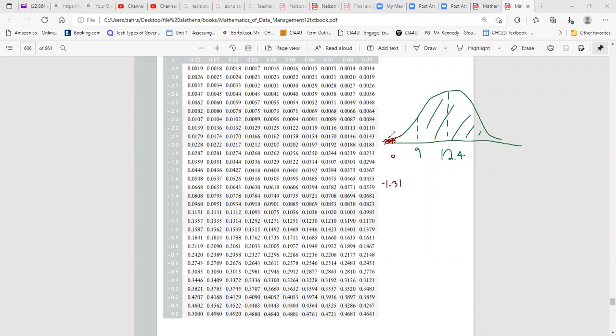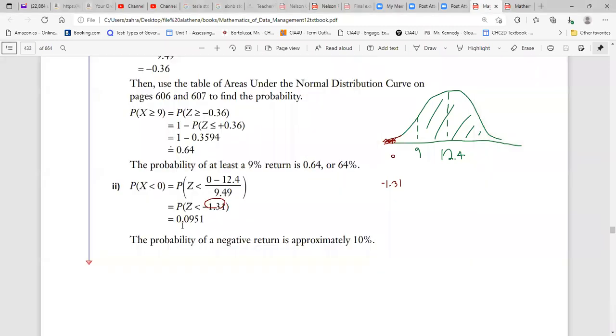I want to find the area here. We'll go to negative 1.31, so it's going to be this number, 0.095 or 9.5%. Let's just look at the answer: 0.095, or approximately 9.5% or 10%.